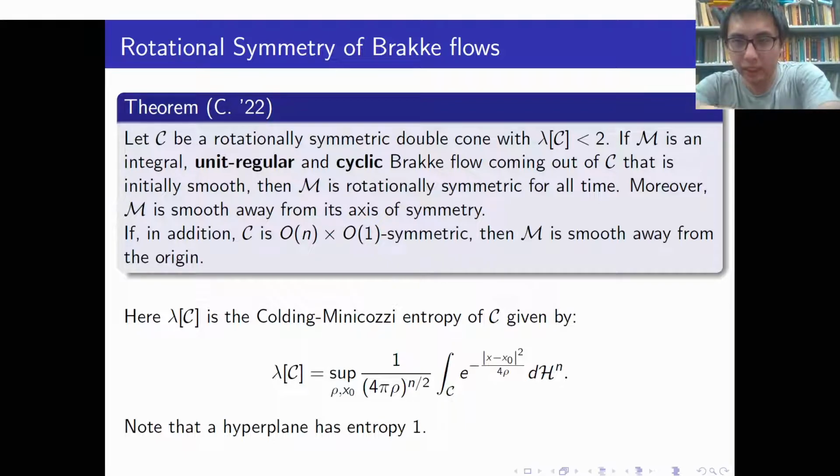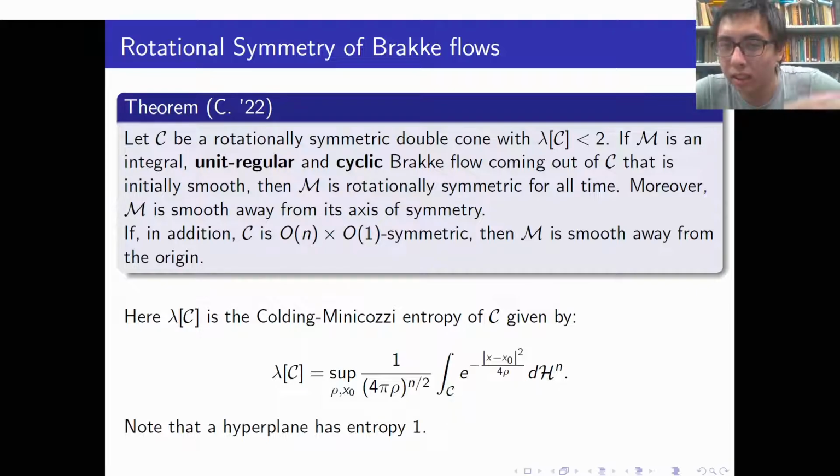So basically, where the plane moves through, you would not only deduce symmetry, you also deduce smoothness, even though your flow can be very bad a priori. The only place where the plane does not sweep is at level 0, so if you take the union of all these planes, the only place not swept is the axis of symmetry. That's where the conclusion of smoothness away from the axis of symmetry comes from.